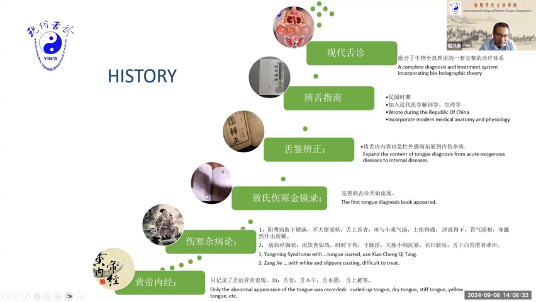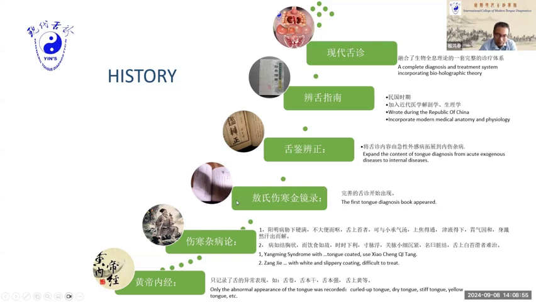As time flies to the Yuan Dynasty, an important book appeared. It's called Ao Shi Shanghan Jinjing Lu. This is the first tongue diagnosis book in Chinese medicine history.